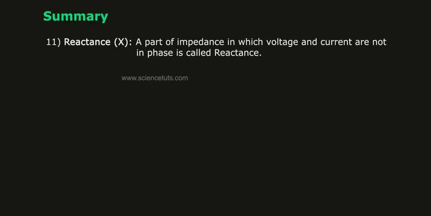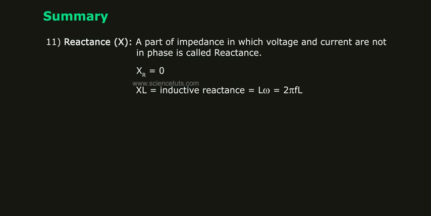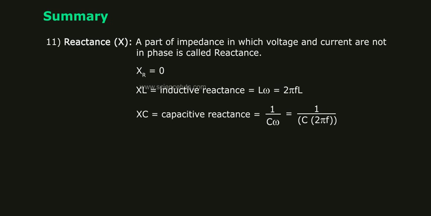11. Reactance X. A part of impedance in which voltage and current are not in phase is called reactance. XR equals 0. XL, inductive reactance, equals L omega equals 2 pi f L. XC, capacitive reactance, equals 1 by C omega equals 1 by C of 2 pi f.